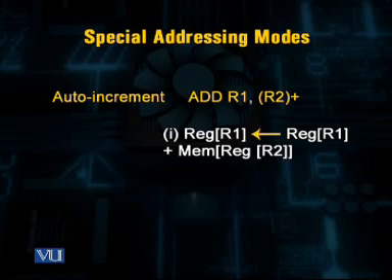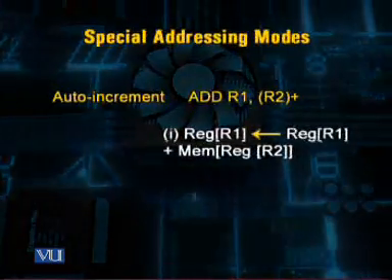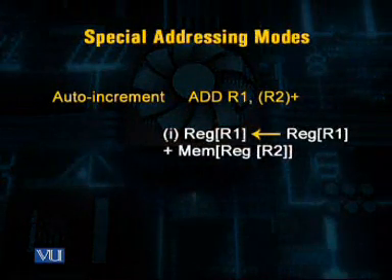During the execution, it performs 2 operations. One operation is performed as a normal indirect addressing mode operation, that is the contents of the register R1 and the contents of the memory location given by the contents of R2 are added and transferred into register R1.